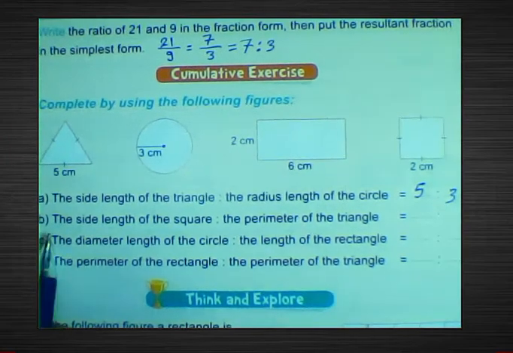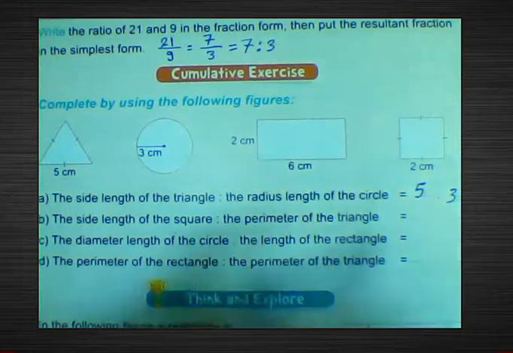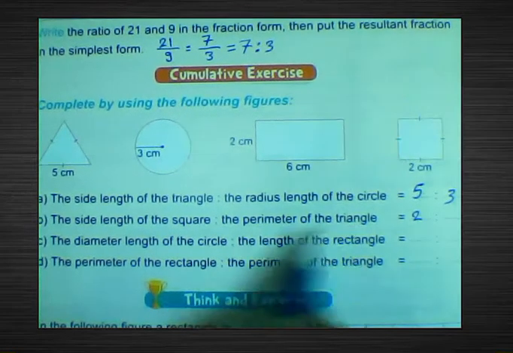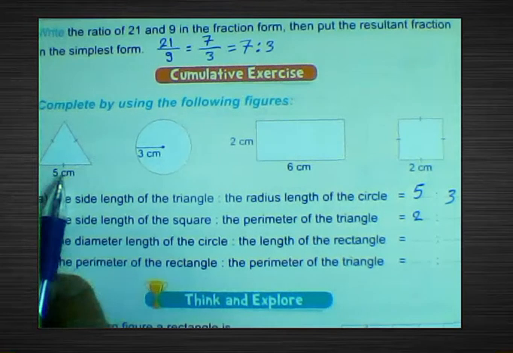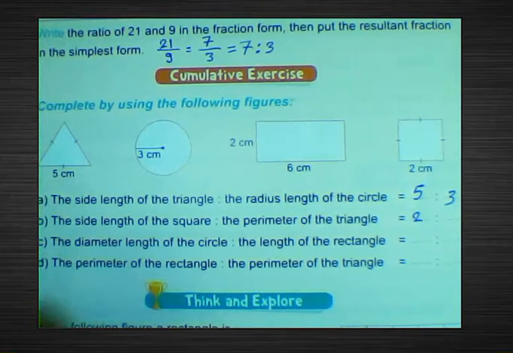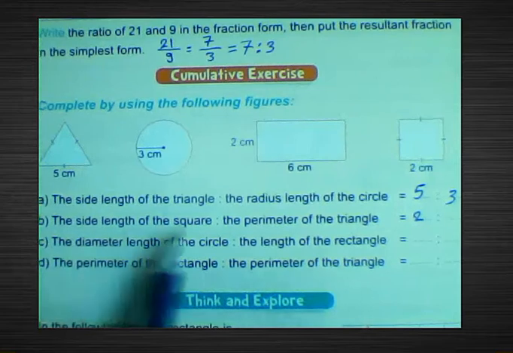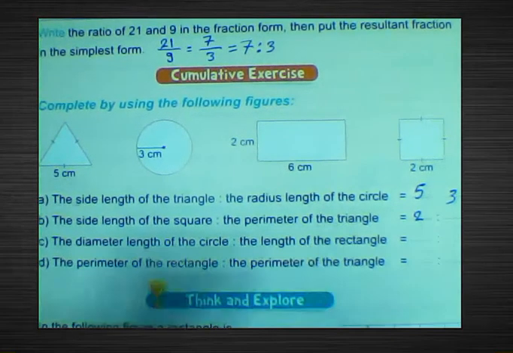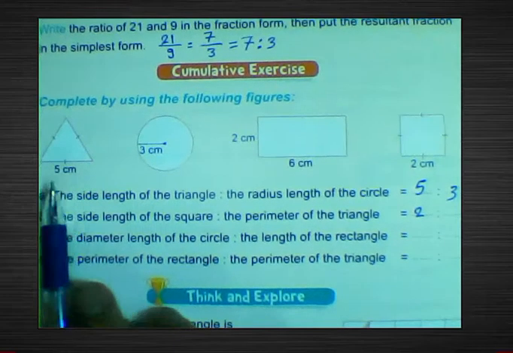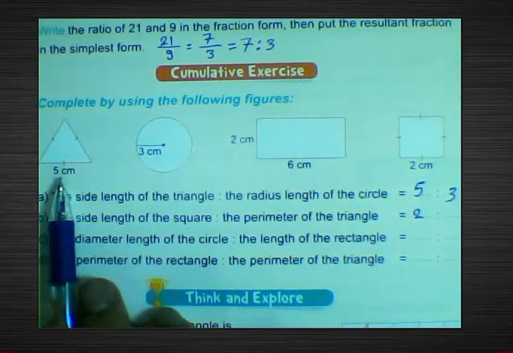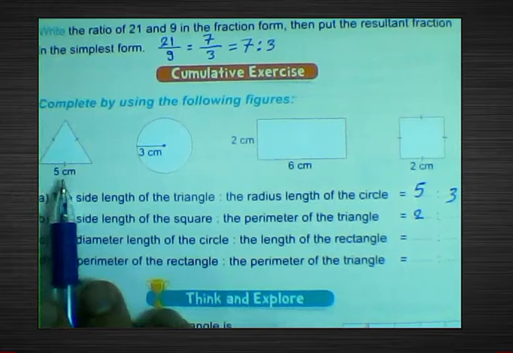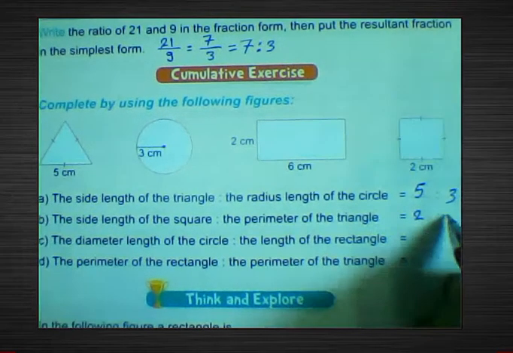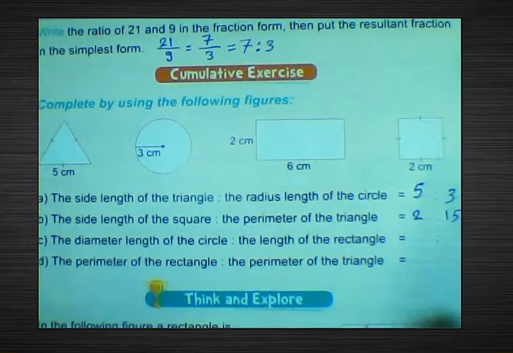Letter B. The side length of the square is 2, to the perimeter of the triangle. Look, the triangle is equilateral, so the perimeter of the triangle is 5 plus 5 plus 5, or 5 times 3, equals 15. We write here 2 to 15.